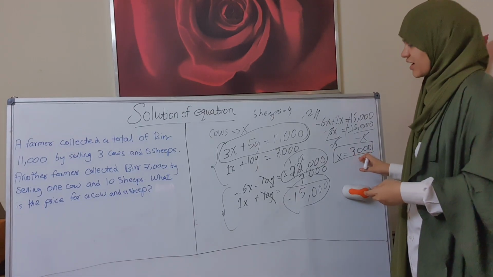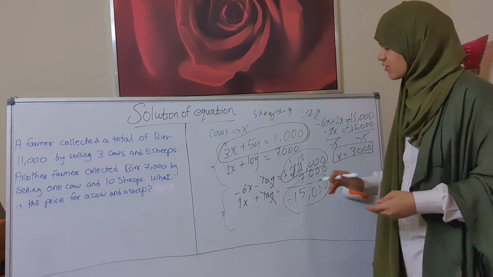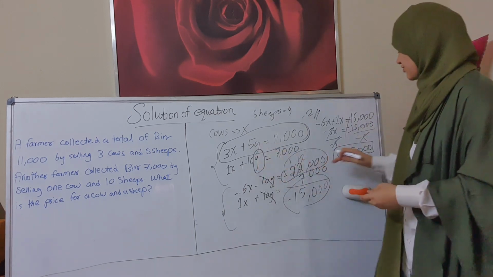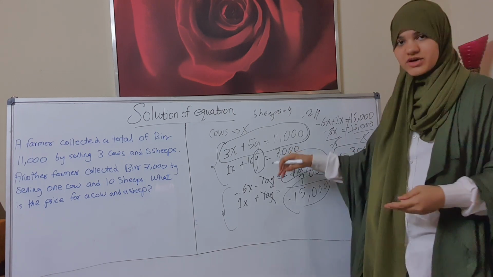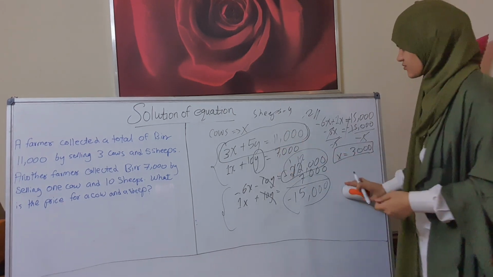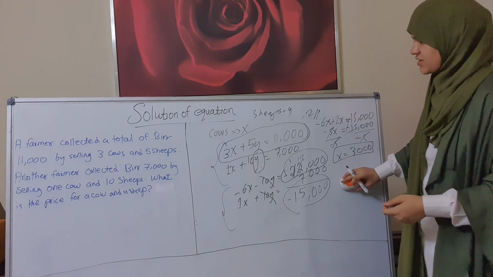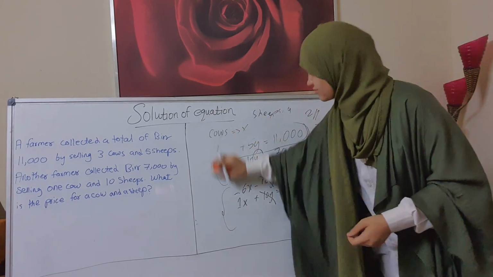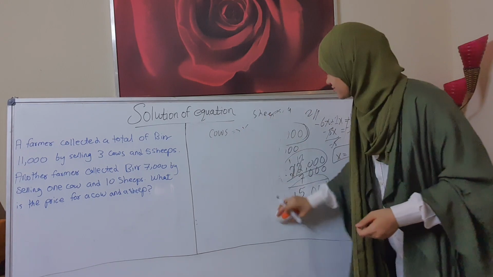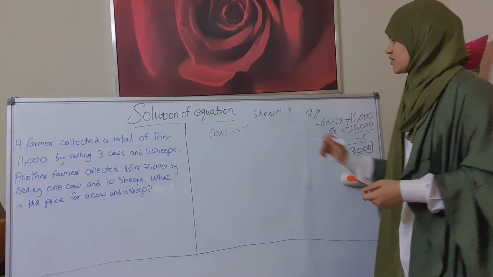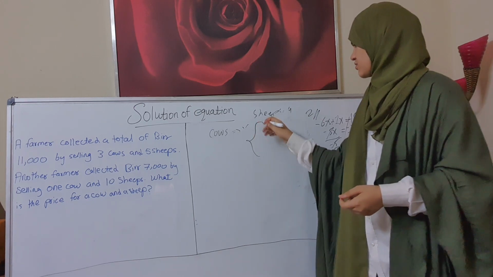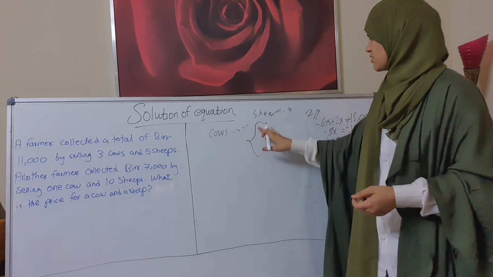Now we want to find the value of y, because we already found 3,000, which is for x. Now we will find y.